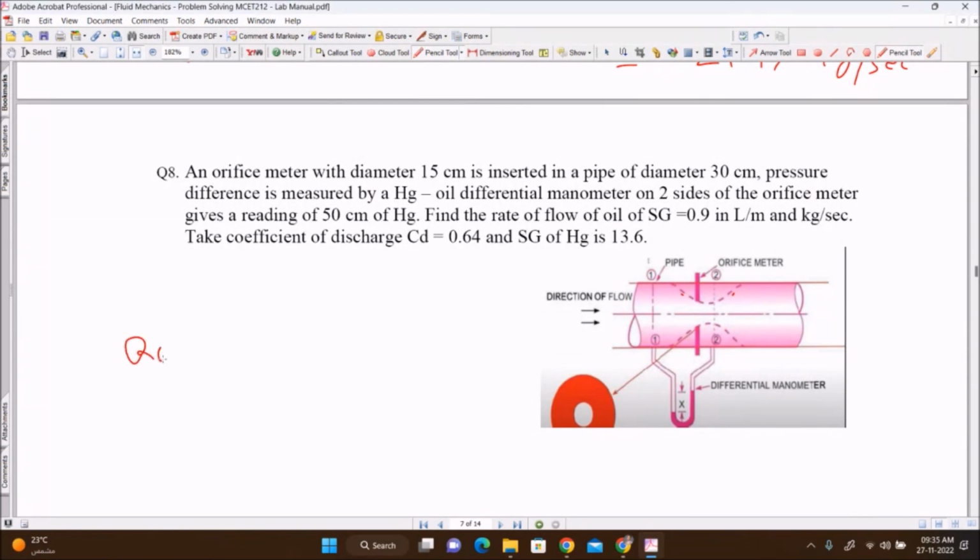In some of the books, I told you, actual is equal to CD Q theoretical, and Q theoretical is, in some of the books, used as AO. AO means the area of the orifice. This area we are assuming A2 and this is A1.